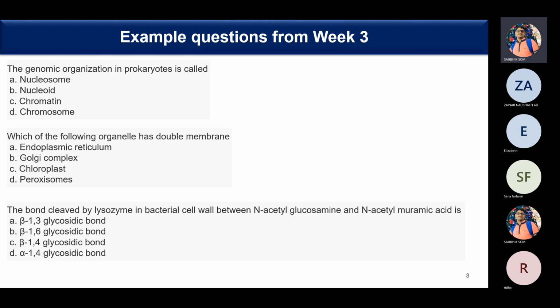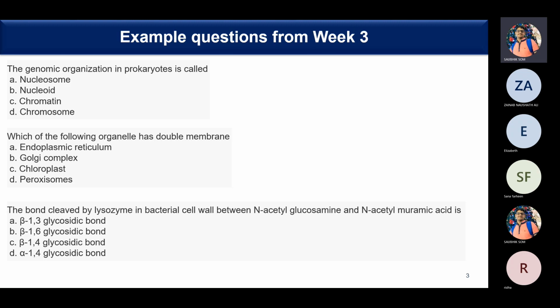Okay, so let's go to the next one. Which of the following organelles have double membrane complex? Please, someone tell me what would be the answer?